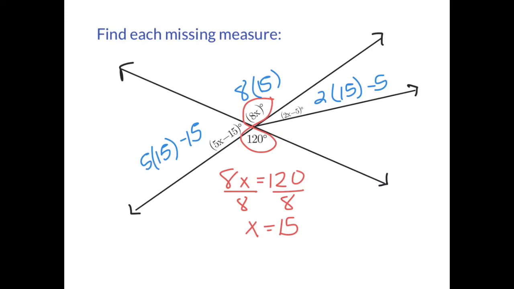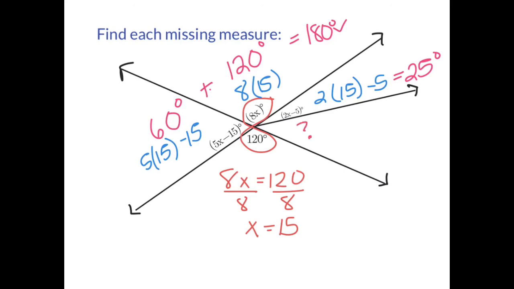All right, so 5 times 15 minus 15 is going to be 60 degrees, which does make sense because this is 120. So if I add the 60 plus 120, that equals 180. So that's just a little check for me. 2 times 15 is 30 minus 5. That's going to be 25 degrees here. So I am going to have to do a little bit of extra math to figure out this missing angle.